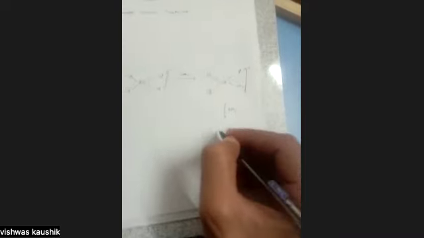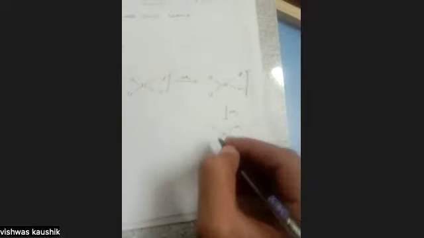So this is how the formation of cisplatin takes place from PtCl4 2 negative.